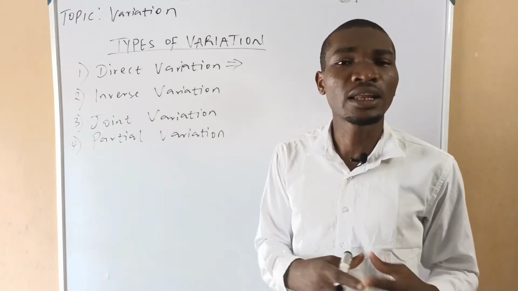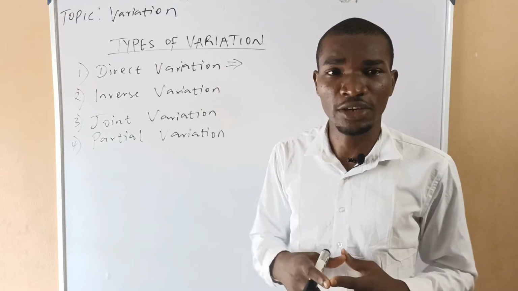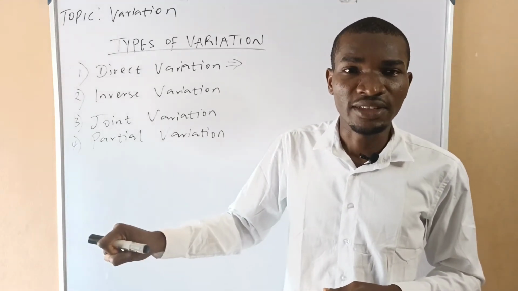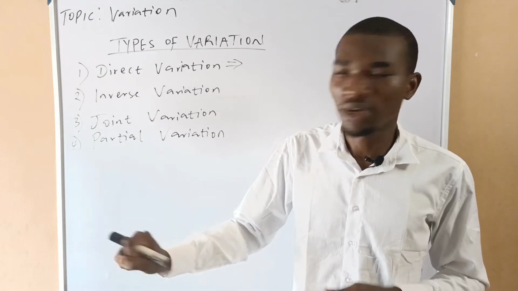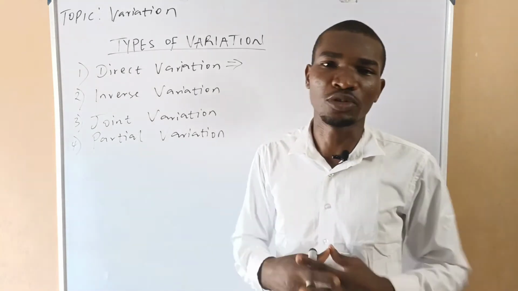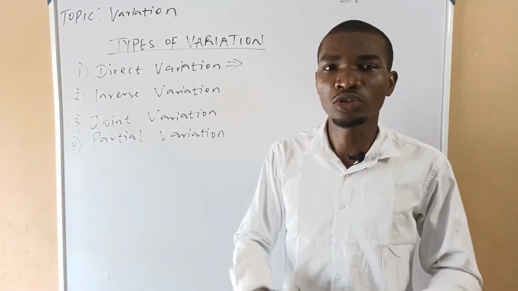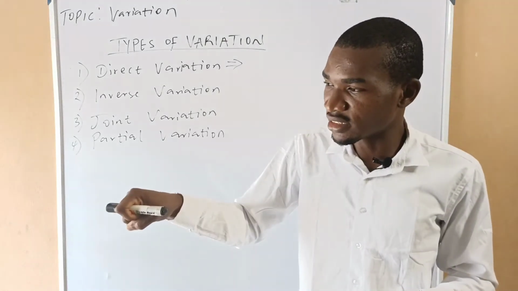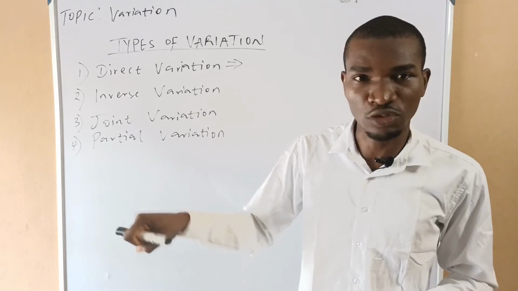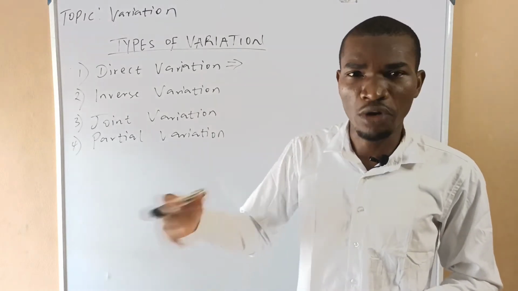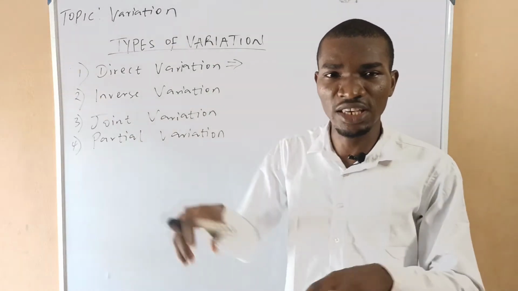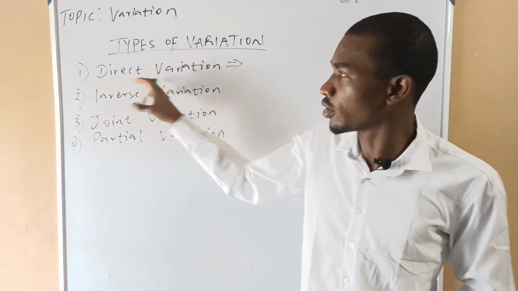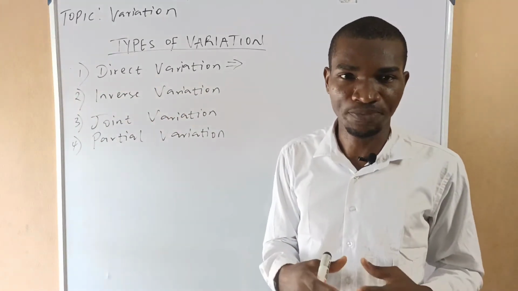For a motorcyclist that is riding a motorcycle, the higher the motorcyclist increases the throttle of the motorcycle, the higher the speed of the motorcycle. That is what we refer to as direct variation, because the increase in one of the quantities, which is the throttle of the motorcycle, will result in a corresponding increase in the speed of the motorcycle. That is what we call direct variation.